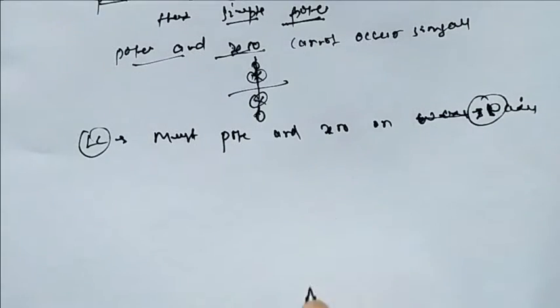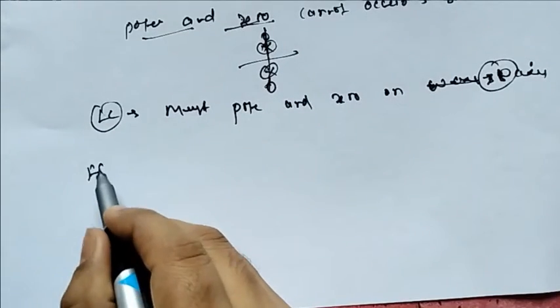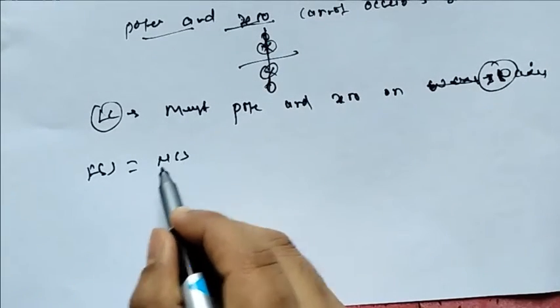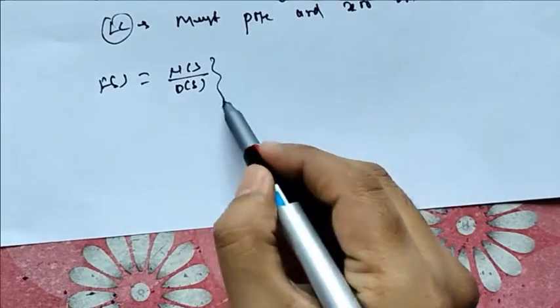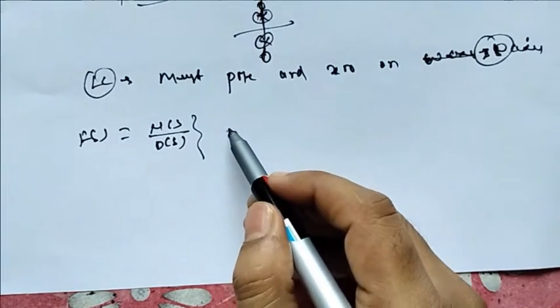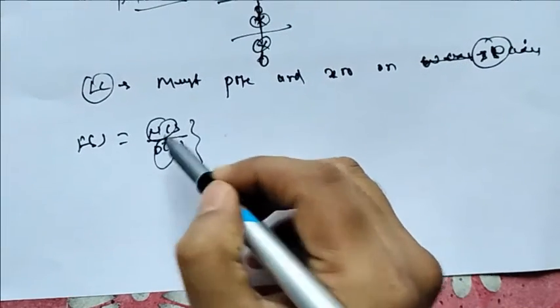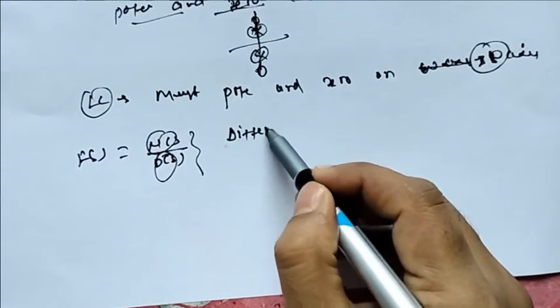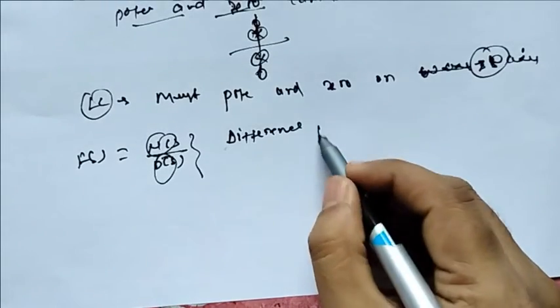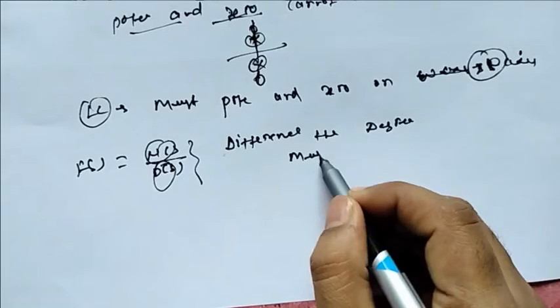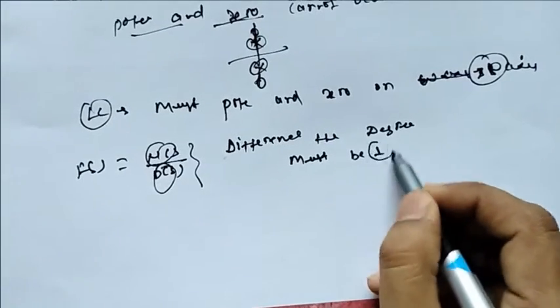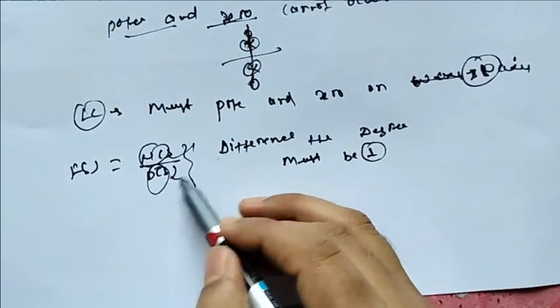Now F(s) is of the form N(s) by D(s), and the difference between the degrees must be 1. It cannot be of the same degree.